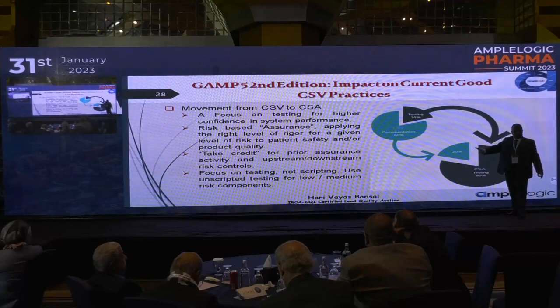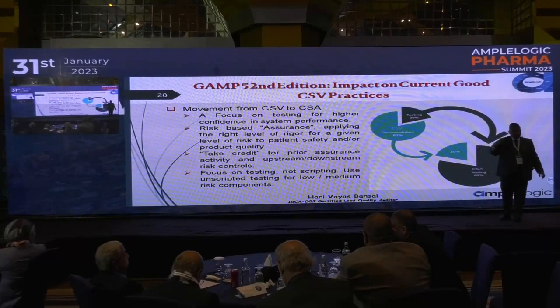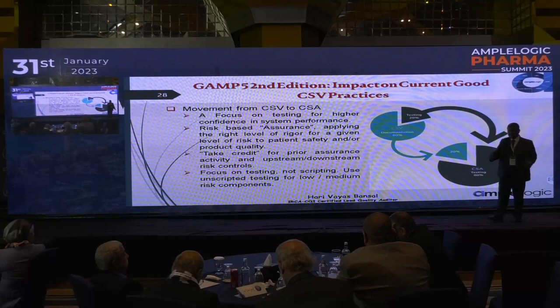So where do you find yourself comfortable? Doing more testing and keeping less documentation, or doing less testing and keeping more documentation? Once your documentation is more, there are always chances of more problems. So it is always better to have less documentation and do more of the testing.